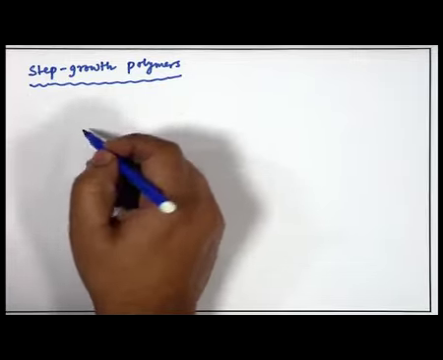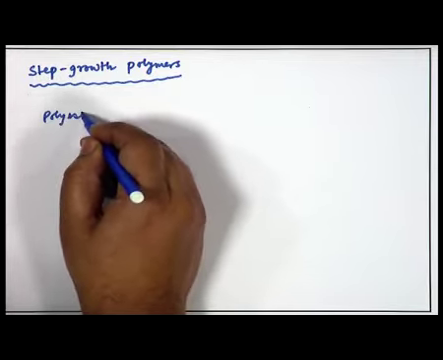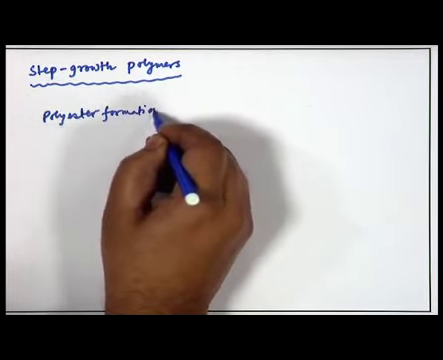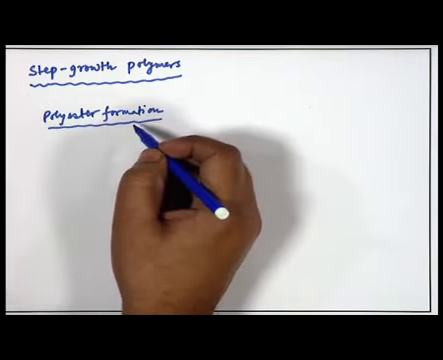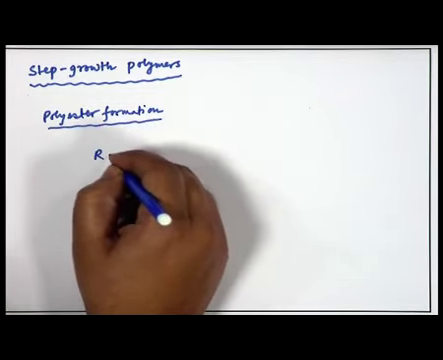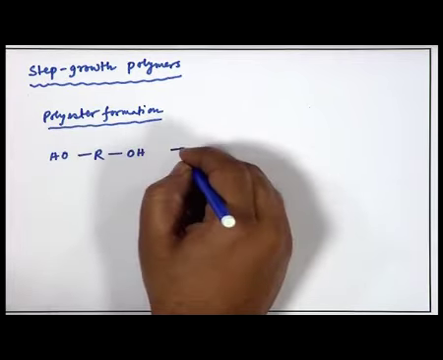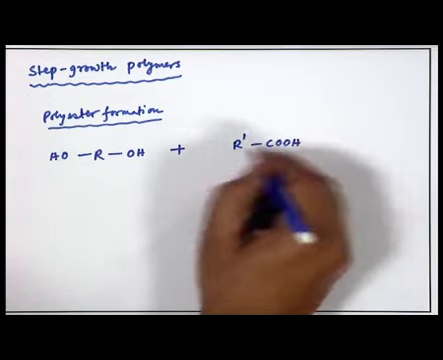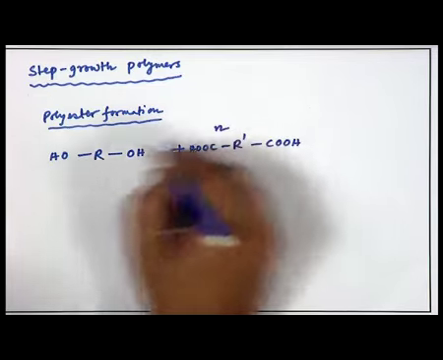Say, in general terms, I am talking about polyester formation. The example we gave earlier is PET. In this case we have a diol and a diacid, n of this and n of this.